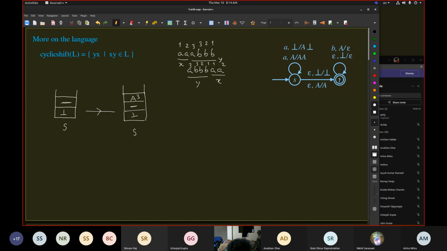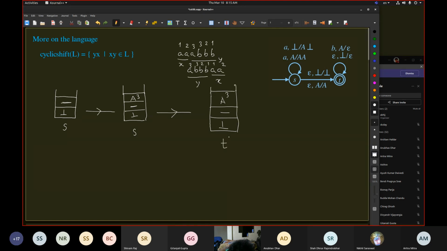Then this machine makes an epsilon transition. So this also guesses the same thing, makes an epsilon transition, goes to state T without consuming anything from the input. The third A is still there.